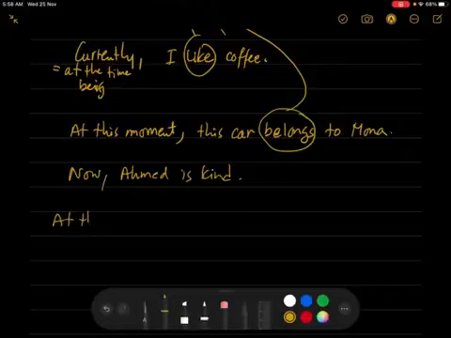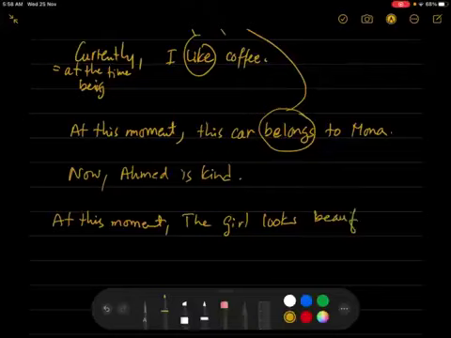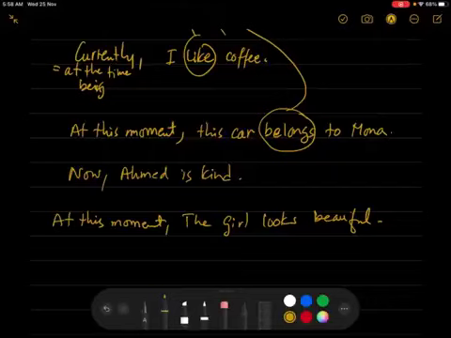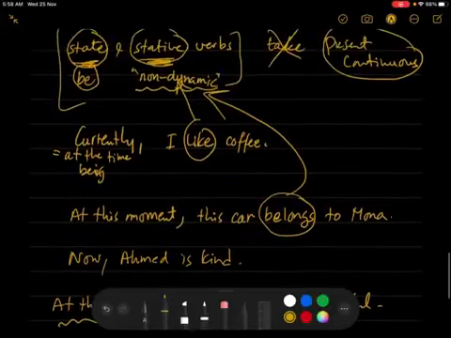So for the verb seem, we can say at this moment the girl looks beautiful. We cannot say the girl is looking beautiful, even though we are in the mood of present continuous.